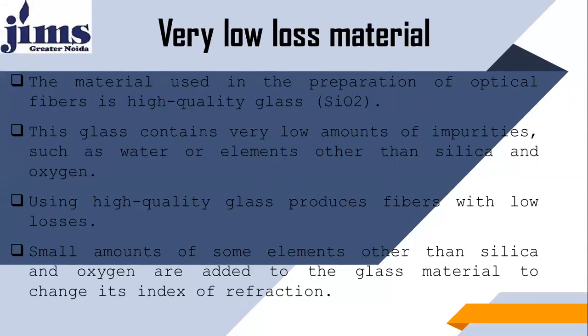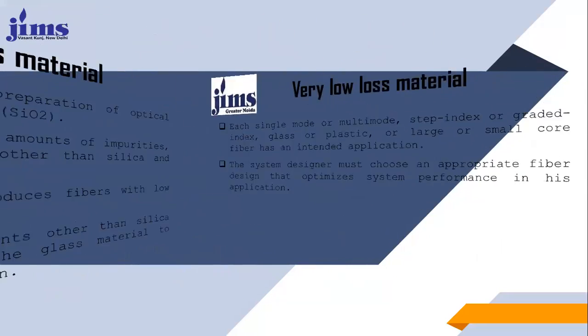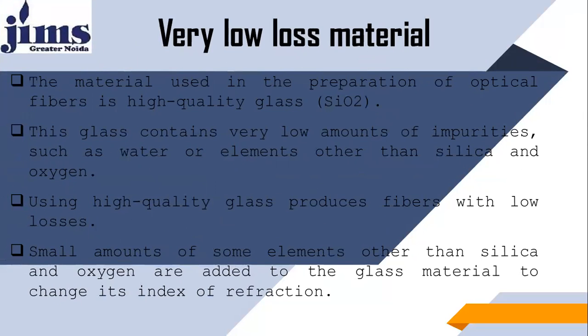Actually, the material that we use in manufacturing of optical fiber is high quality glass, which we represent by the chemical formula SiO2. So SiO2 represents a glass. We use very high quality glass for the manufacture of this optical fiber.